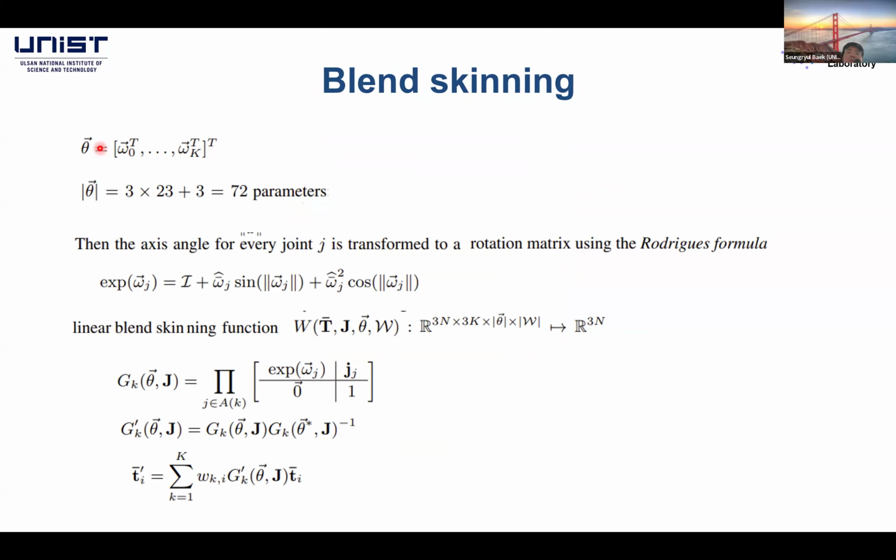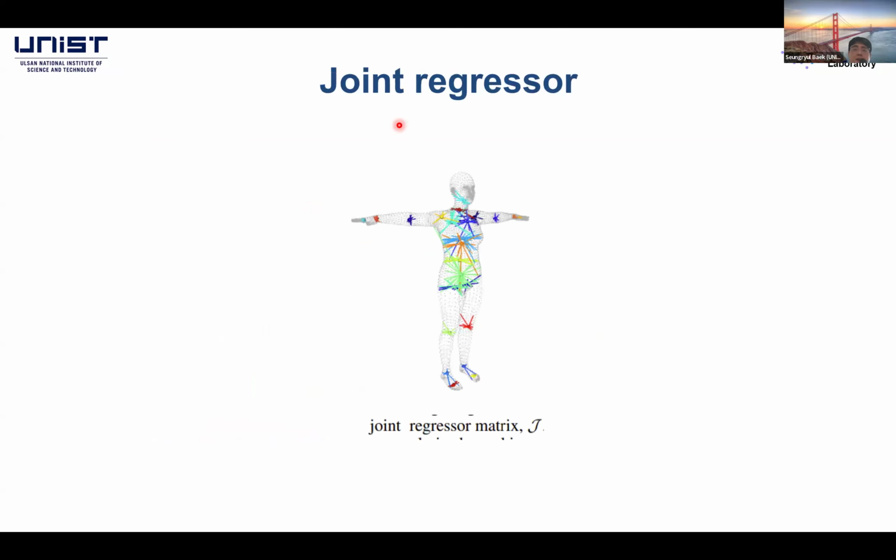I mean, this vector is actually similar to the skeleton information, which has the joint information only. But via this process, we can control the whole mesh. So this is similar to wrapping some skin on the skeleton. So we call that blend skinning.